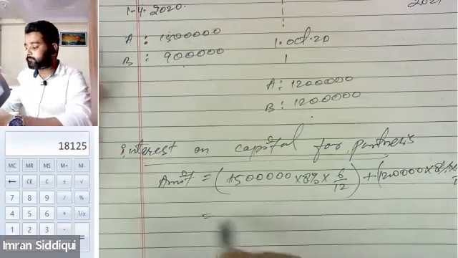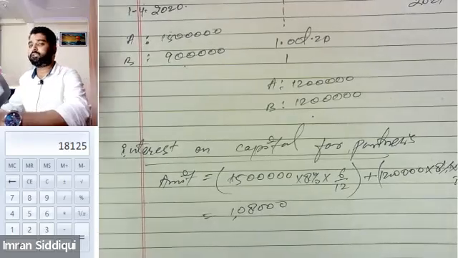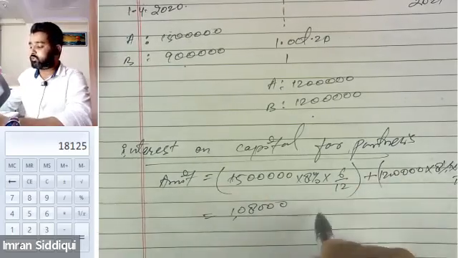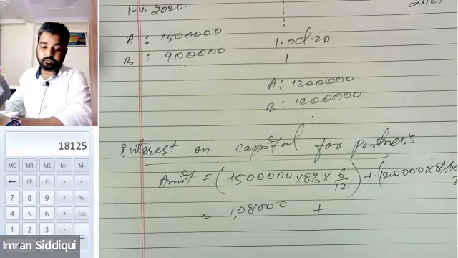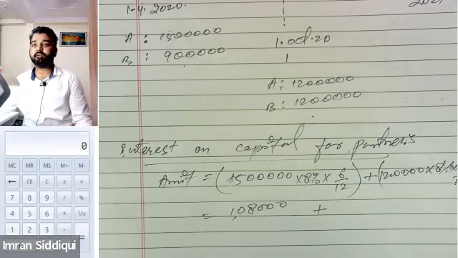So 8% of 15 lakh will be 1 lakh 20,000. Sorry, let me calculate, I think I have made a mistake.